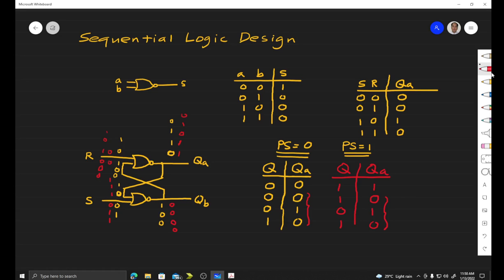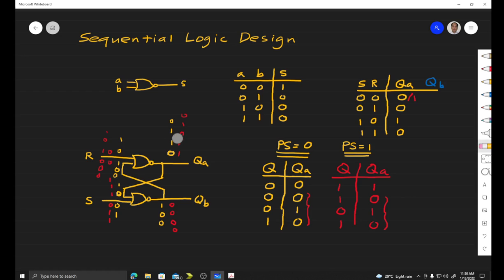Then we can write here for state QA, if our present state is 0, we have this output. Then if our present state is 1, we have this output 1, 0, 1, 0. Then for QB, let's now derive for state QB.